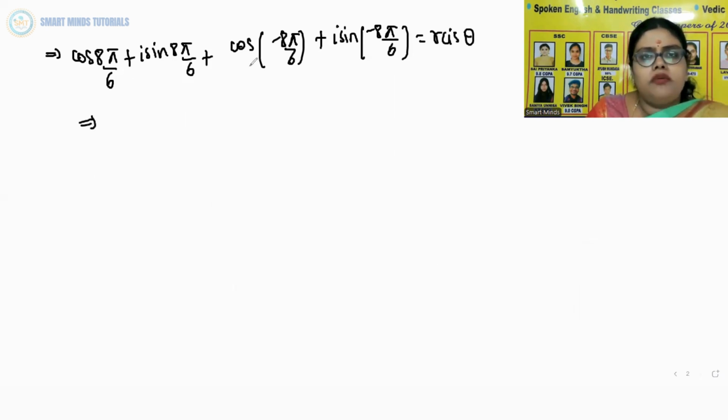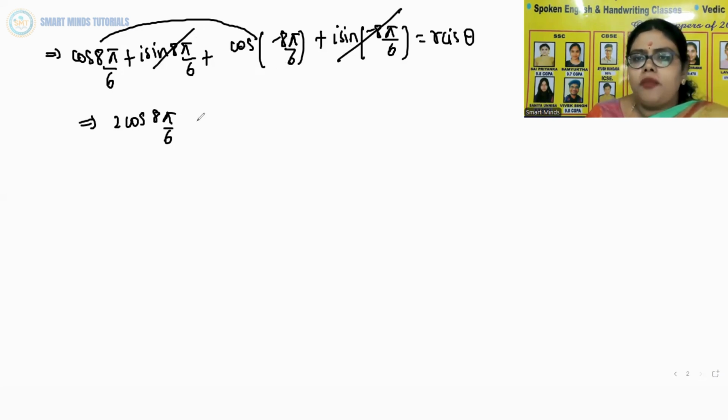So this will give you, see, cos of −θ is cos θ. So this plus this will give you 2 cos 8π/6. And this will become positive and negative, so it will get cancelled because sin of −θ is −sin θ. So that is equal to r cis θ.